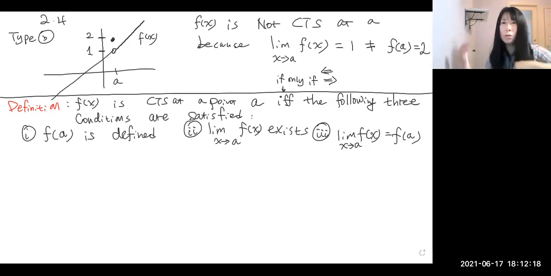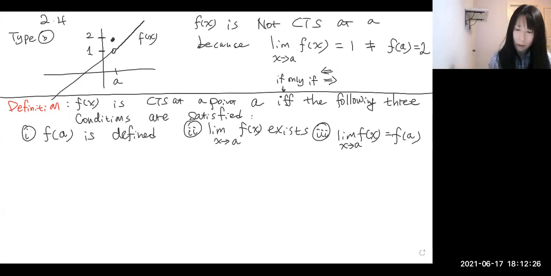So this way true, that way true, vice versa. So we call it if and only if, okay? It must satisfy the three conditions at the same time, then we can say that the function is continuous, okay?